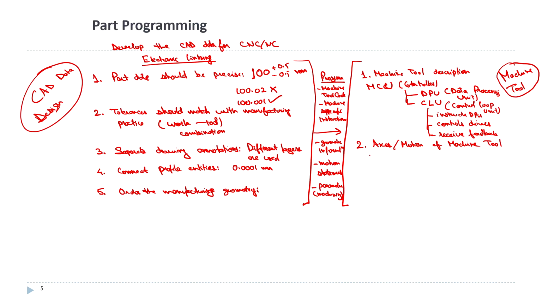This motion of the machine tools can be in different axes, as I said. It could be 2 axes, it could be 3 axes. With 2 we also have 2.5 axis; it is plural, axes. We have 4 axis and 5 axis machines.